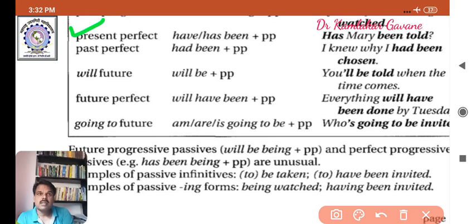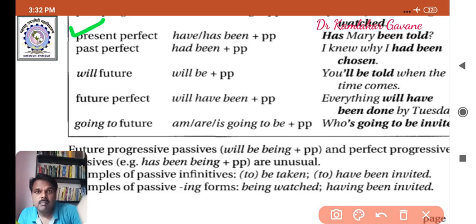This is present perfect. What will be the active voice of this passive construction? Have they told Mary? And the passive is, has Mary been told by them? See, we don't usually use the by agent in passive voice.